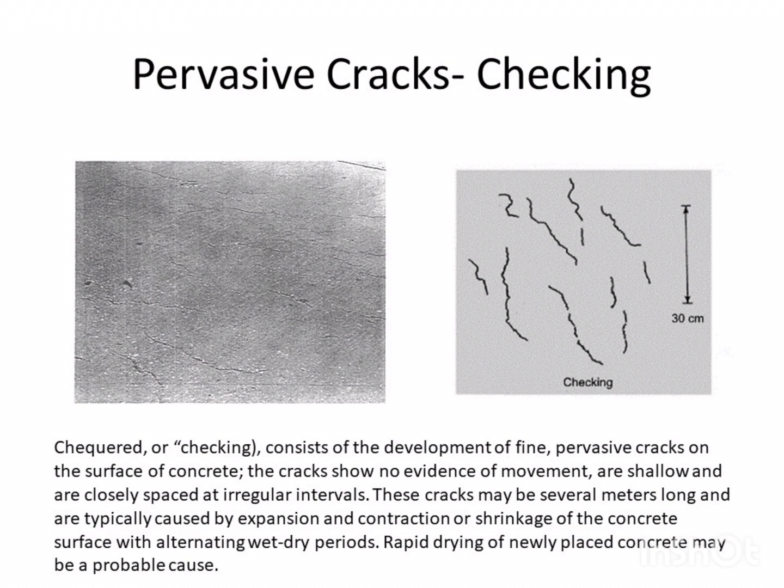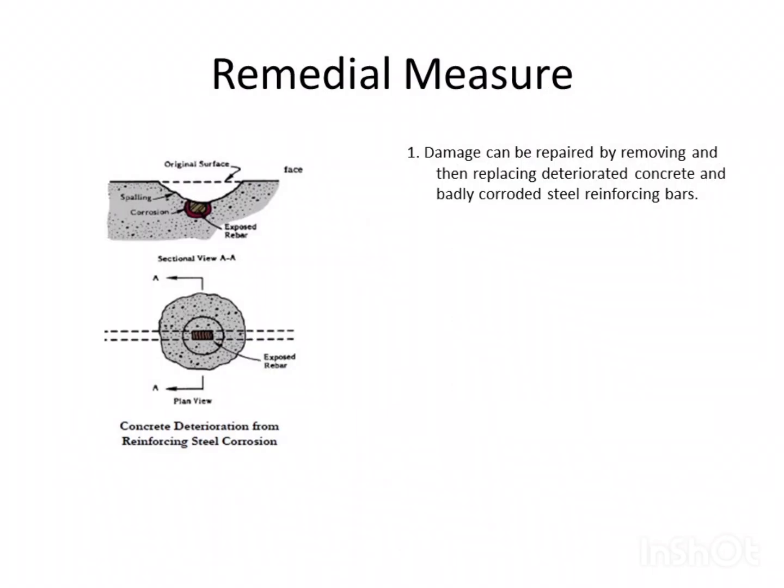These cracks may be several meters long and are typically caused by expansion and contraction or shrinkage of the concrete surface with alternate wetting and drying periods. Rapid drying of newly placed concrete may be a probable cause of pervasive cracks.